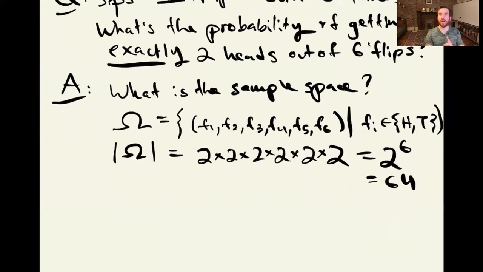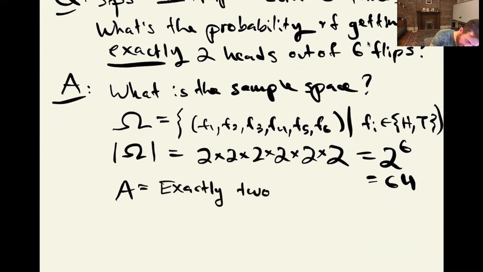Now, how do we calculate the size of A, which is the event where exactly 2 heads occur? A equals the event where exactly 2 of the Fi are heads.